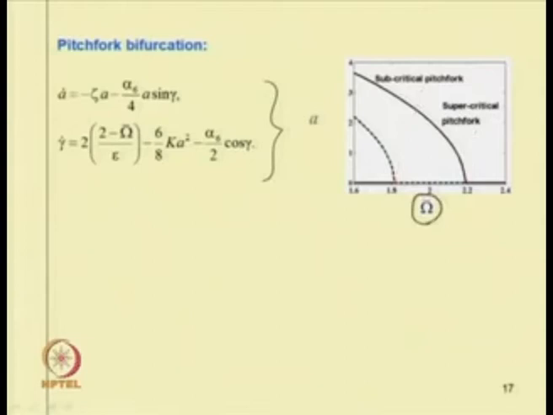In this case the control parameter is omega bar. By changing this control parameter, one can observe that up to 1.8 the trivial state is stable. After that the trivial state is unstable, and here we also have one non-trivial state which is unstable, and at 2.2 the trivial state becomes stable again, and we also have another branch of non-trivial state which is stable.